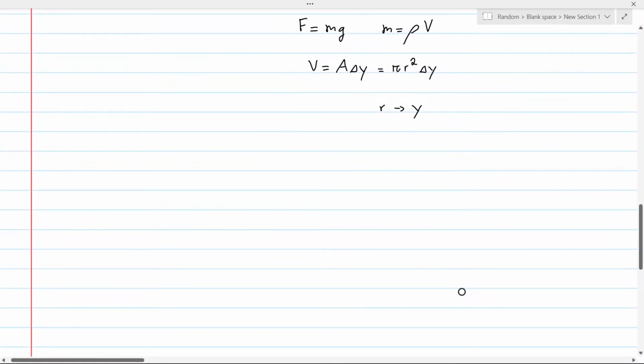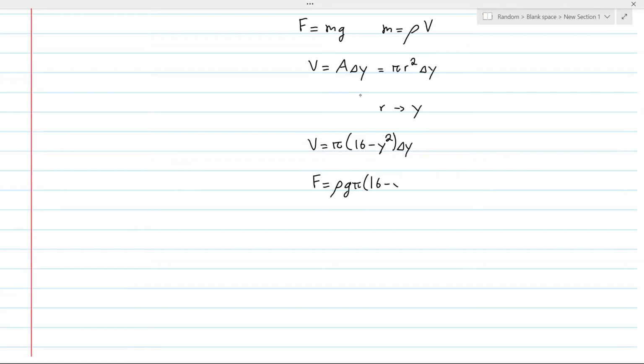So that tells us the relationship of r. We can put that into the volume equation. Which means that the force is going to be rho g pi 16 minus y squared delta y.